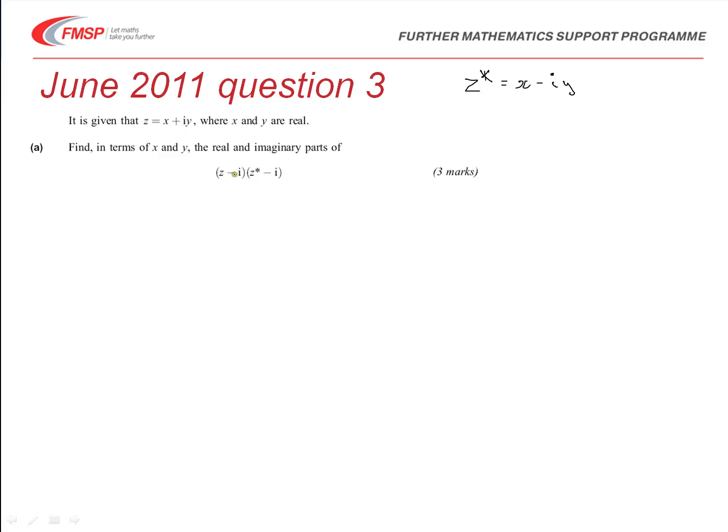So z minus i, well, if we've got x plus iy, or y lots of i, and we subtract another i, that makes this, when we replace it with x's and y's, equal to x plus i times y minus 1.